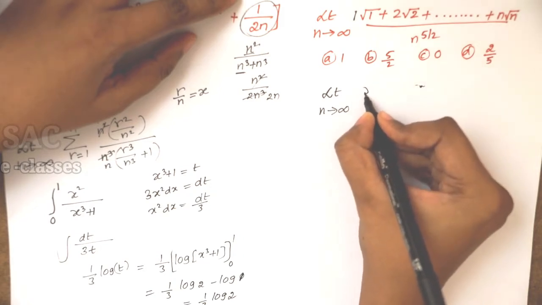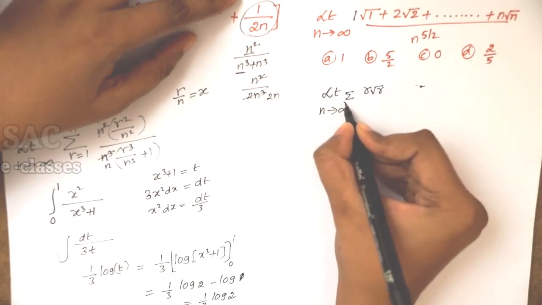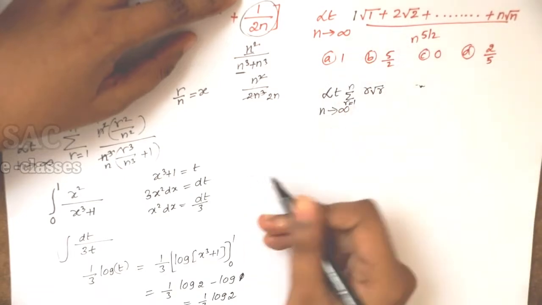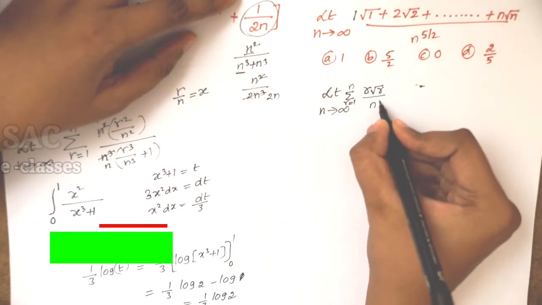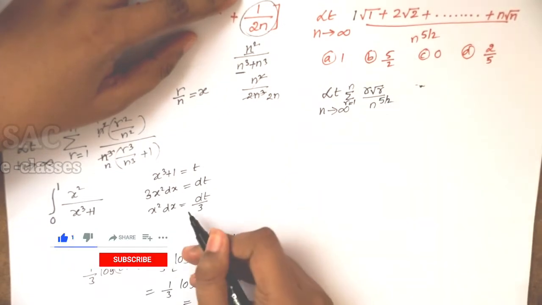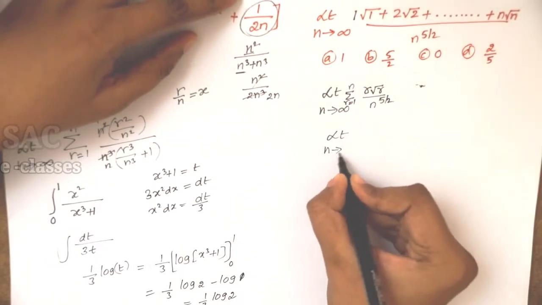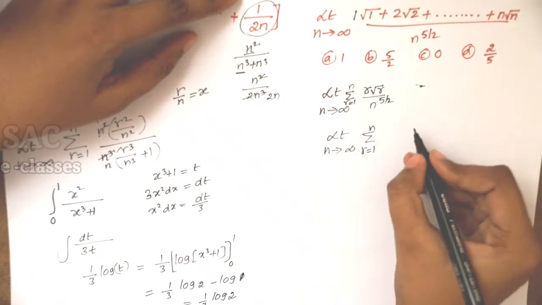Clearly r root r, and don't forget about r equal to 1 to n only, by n power 5 by 2 constantly.